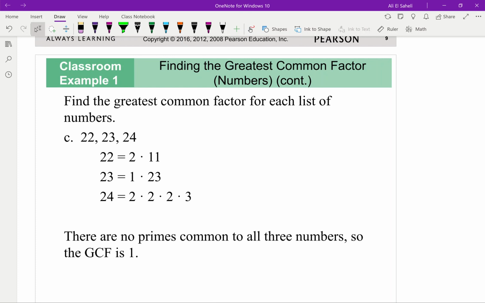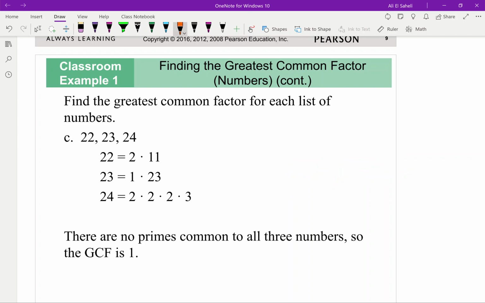Find the greatest common factor for each list of numbers. 22 is easy. 2 times 11. 23 is a prime number itself. So the only factor we have for it is 23 times 1. Of course, you can have this, but this is useless.